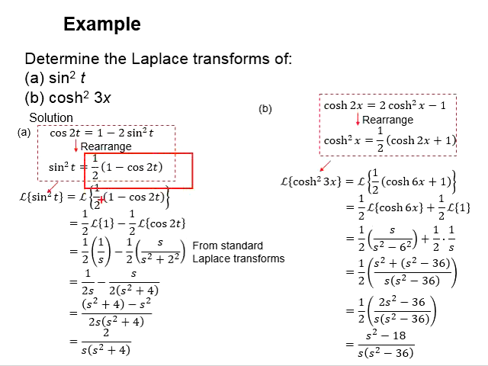Substitute this into the Laplace transform functions, you will get this. And with that, you can actually separate the Laplace transform into two terms as indicated here. Now you can refer to the table for the Laplace transform of 1 and also the Laplace transform of cos 2t.